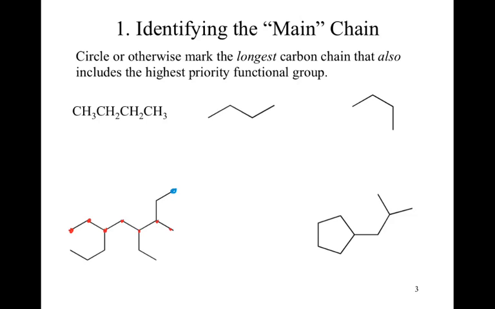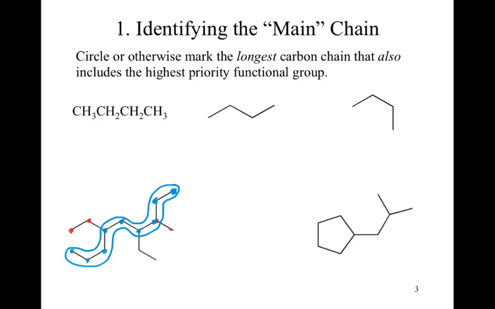If I go through and now count here, 1, 2, 3, 4, 5, 6, 7, 8, 9. So in the red dots, I highlighted the wrong main chain. So in this case, I want to go through and highlight this as my main chain. And again, you'll notice I'm maintaining this pattern of circling the main chain, which is an important step when trying to go through and identify this.